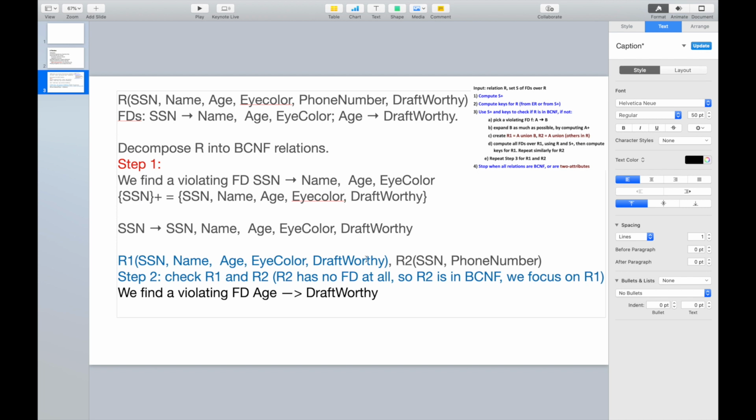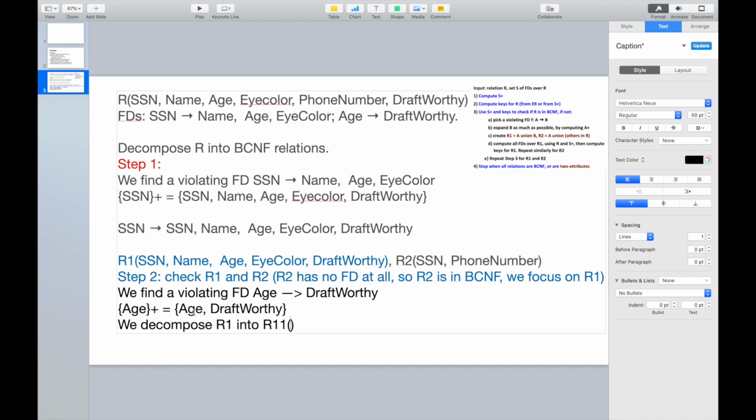According to the algorithm, we also need to expand the B side. So computing the closure of age, it equals what? It equals age, trustworthy. We cannot include more attributes inside it because we cannot find any other FDs which have age as a head. Therefore, according to the algorithm, we further need to decompose this R1 into two relations, like R11, for example.